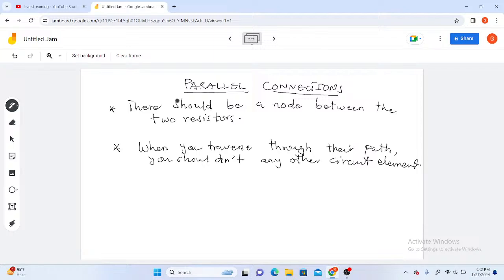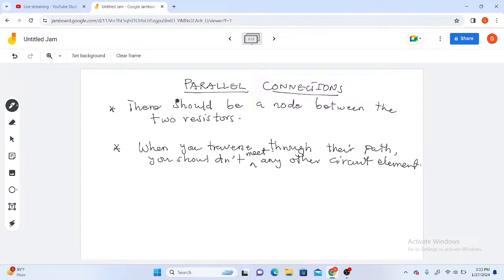So the first condition is there should be a node, that is, presence of a node between the two resistors. And the second point is when you traverse through their paths, you shouldn't meet any other circuit element.